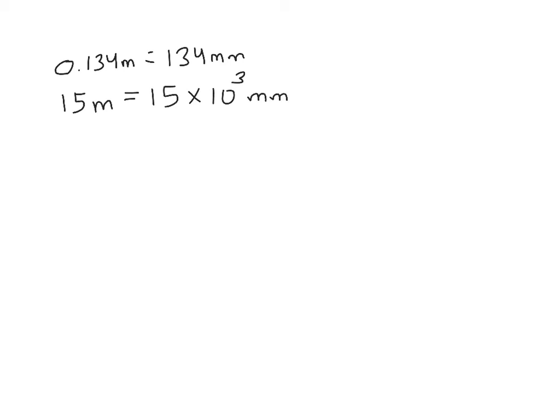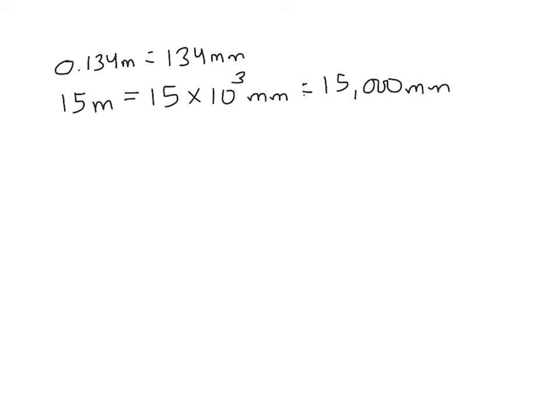You can also do the math and write this out individually and add all the additional zeros if you like, which would just be a lot harder or longer to write, and that would be 15,000 millimeters. Both work and both can be acceptable as an answer in this class.